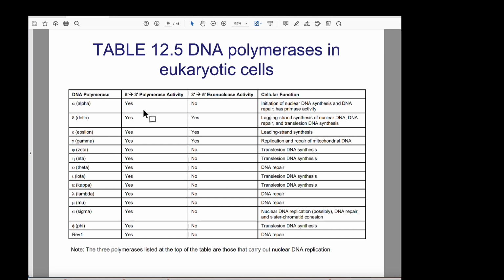Remember there are other organelles that occur within a eukaryotic cell, and those organelles have their own polymerases as well. But alpha, delta, and epsilon are the main three polymerases that are involved in nuclear DNA replication.